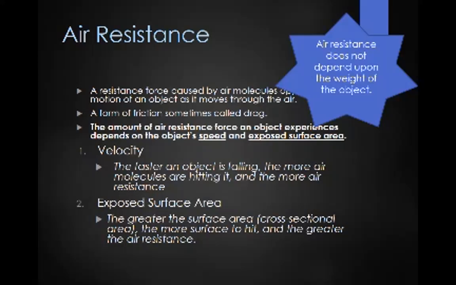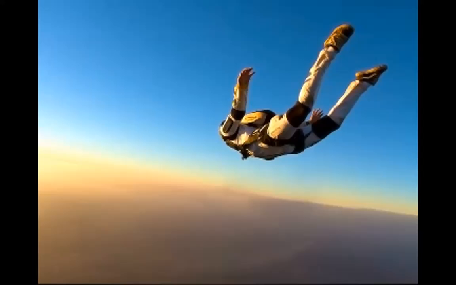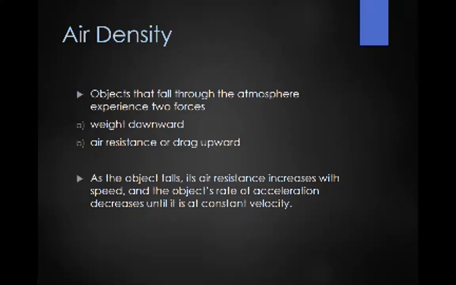Watch the jump of Felix Baumgartner if you have time. It's optional. As you take a look at that, look at the speeds we're talking about and think about how much air resistance exists there. Here's a body that's skydiving, and you can see what we're talking about in terms of surface area. The other thing I wanted to introduce is this idea of air density and terminal velocity.